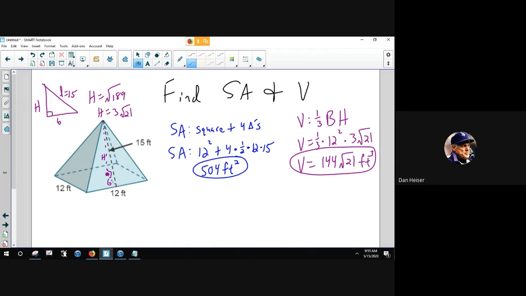Since we don't have any rounding directions, we leave it as an exact answer: 144 square root of 21 cubic feet. Volume, cubic feet. Sometimes you need to use the slant height to find the vertical height.